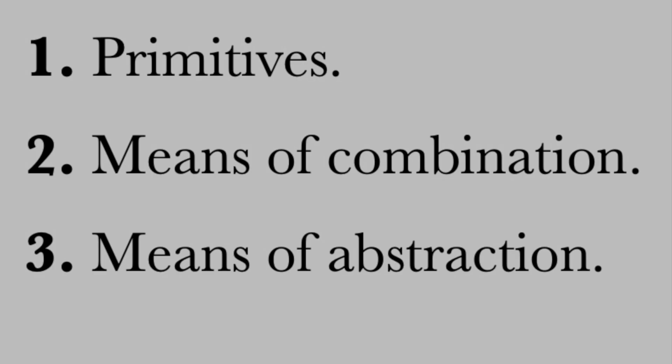The means of combination are simply the means by which those primitives can be combined together to form compound or complex structures that might describe computation or might be a build-up of a more complex data structure. For example, building a list of numbers from numbers.